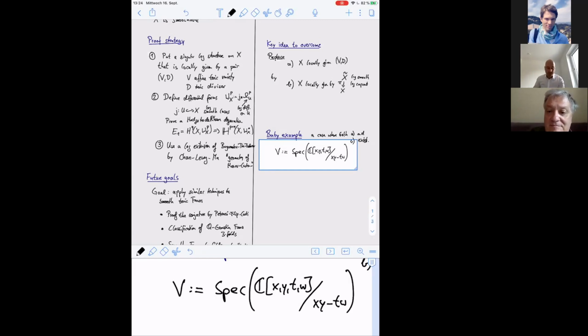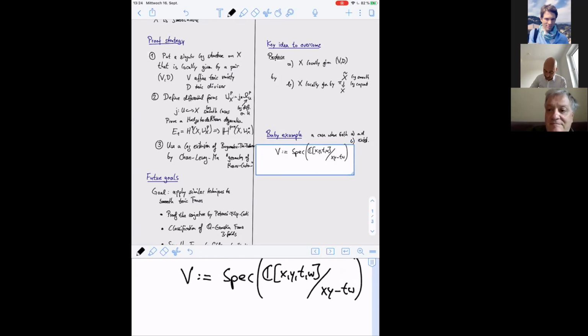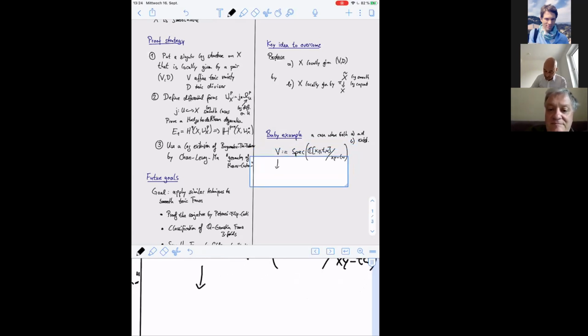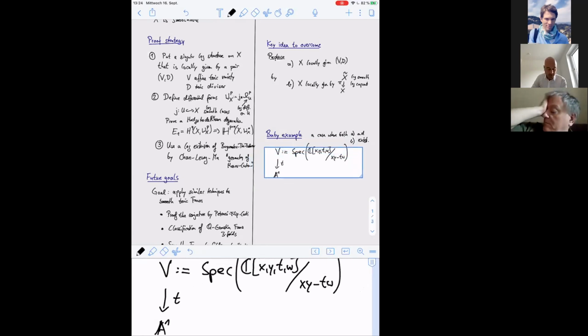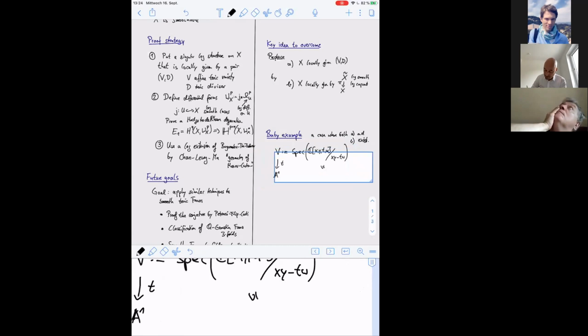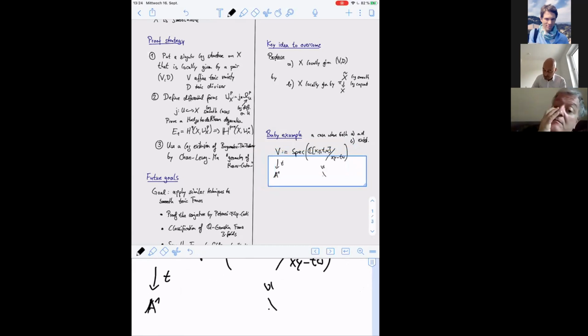You can recognize this as a conifold. It's a toric threefold with one isolated conifold singularity. And I consider a map down to the affine line, given by the variable t. And then I'm considering my space X to be the zero set of t.